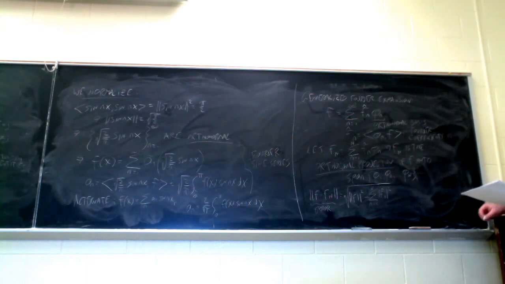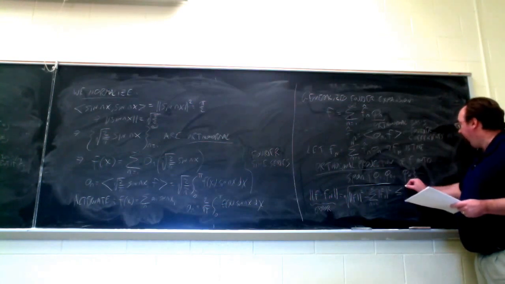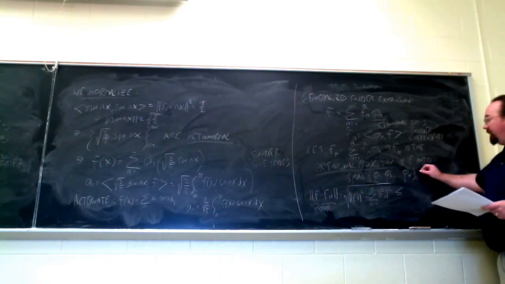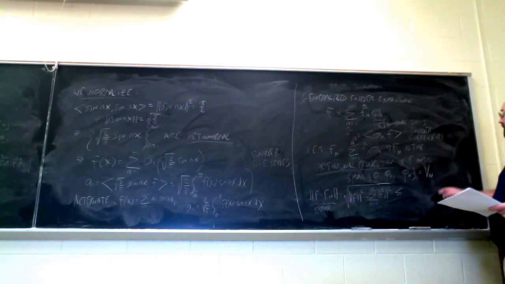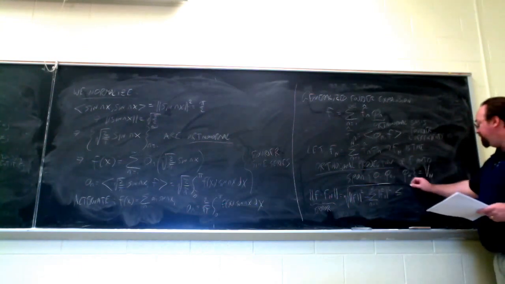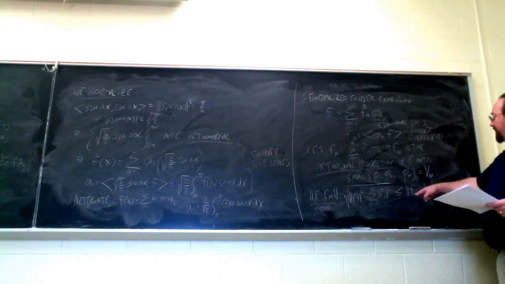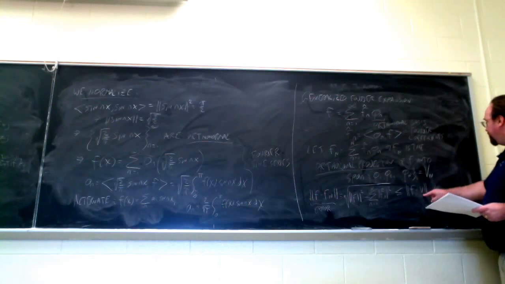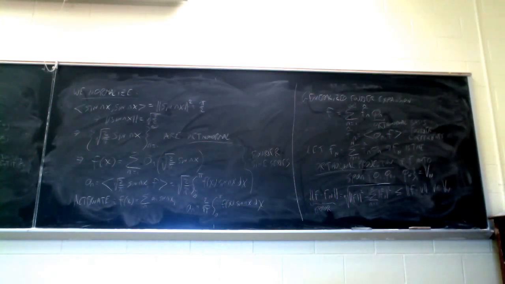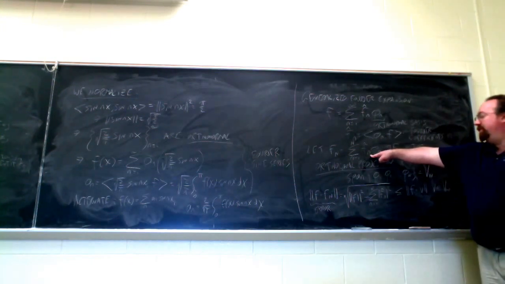Subtracting off all of that, this error is less than or equal to, I'm going to call this subspace V sub capital N, the subspace of all of these first n basis functions. So this error is less than or equal to the error you get by approximating f by any other function in V sub n. So in other words, if you're trying to find the one function in this subspace that approximates f as well as possible, this is your best approximation.